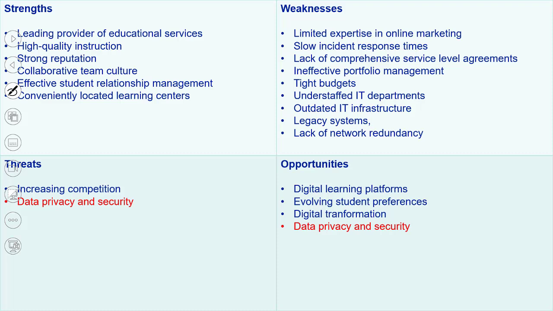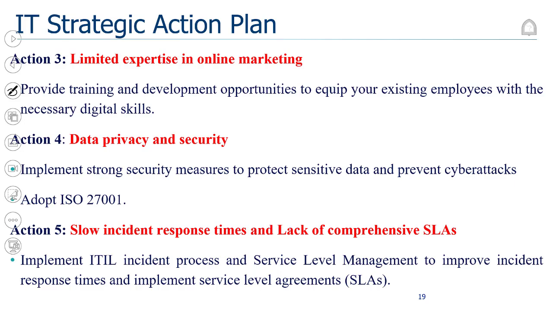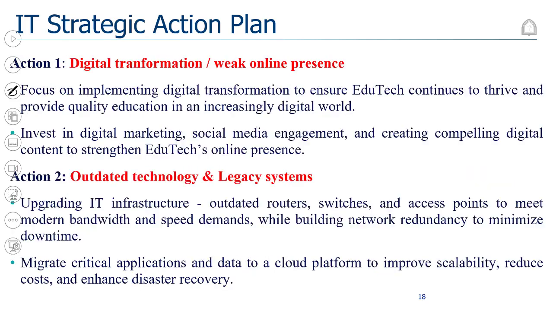Yeah, weak online presence. They'll say, okay, and the digital transformation. Okay, it's an opportunity. There's an opportunity for them to do that. What could we do? What could we say? So, action one, for example, write what you're trying to address and then say how you're going to address it.